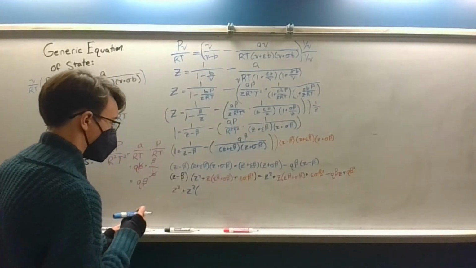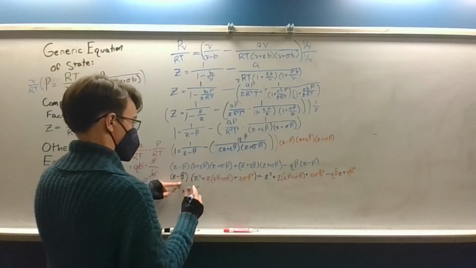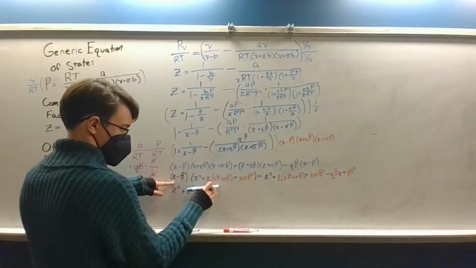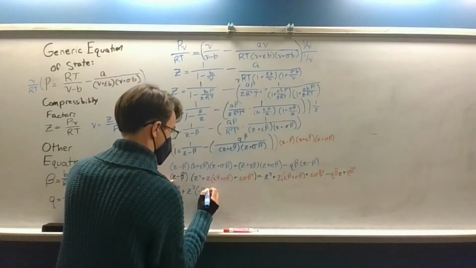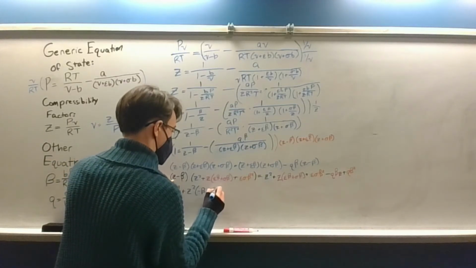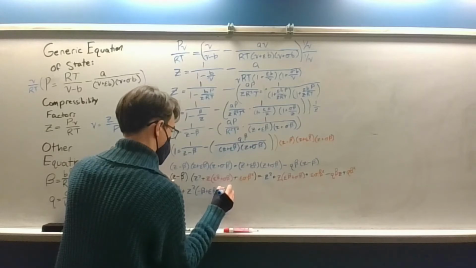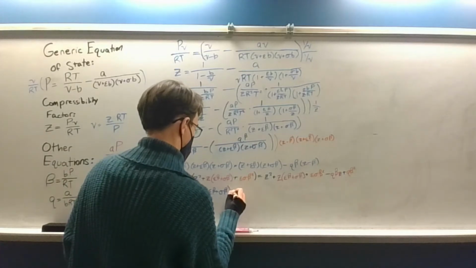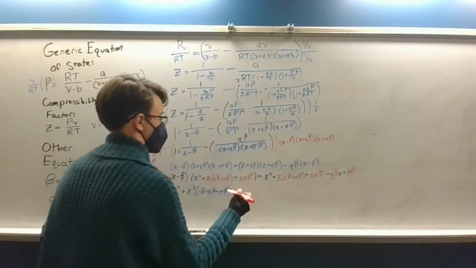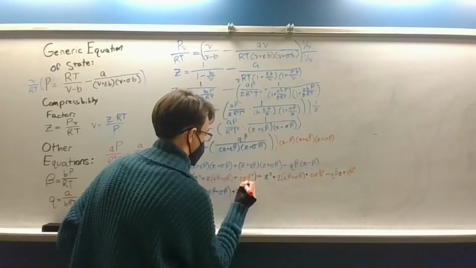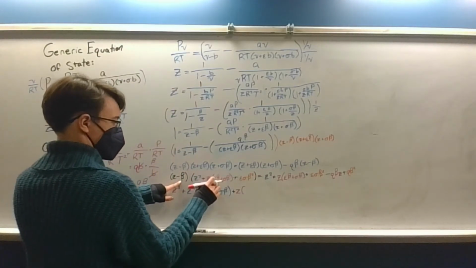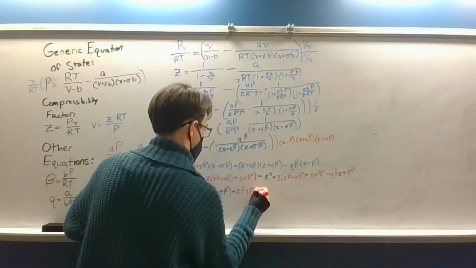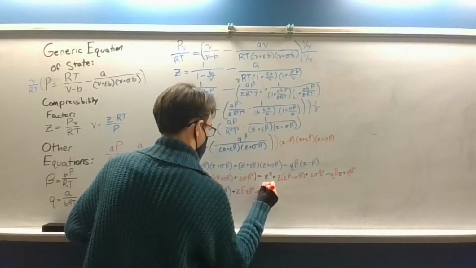Z squared, so I have z squared times negative beta, and then we're going to have z times this, so we'll have plus epsilon beta plus sigma beta. Alright, and then we'll have our single z term, so negative beta times that, so we'll have negative epsilon beta squared minus sigma beta squared.